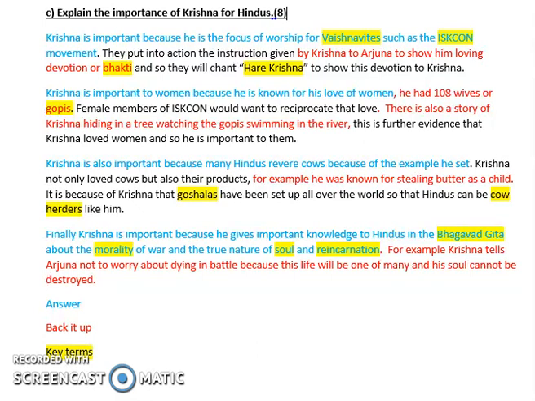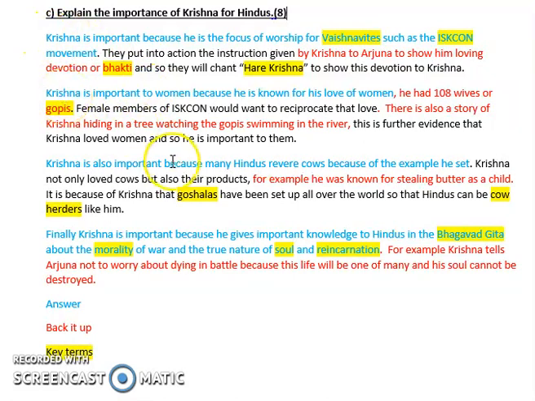Eduqas like these sorts of questions on the religions paper, and the trick is to actually answer the question that's set. So in this case, to say why Krishna is important, rather than just telling the examiner everything you know about Krishna. So you will notice at the beginning of each paragraph I use the phrase Krishna is important.